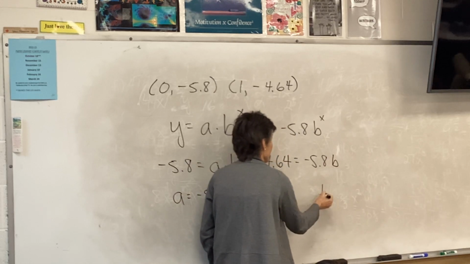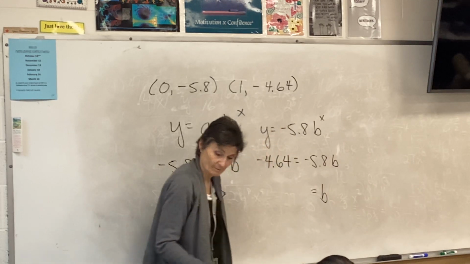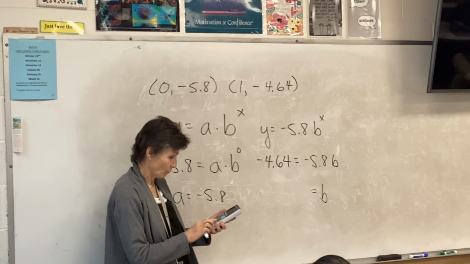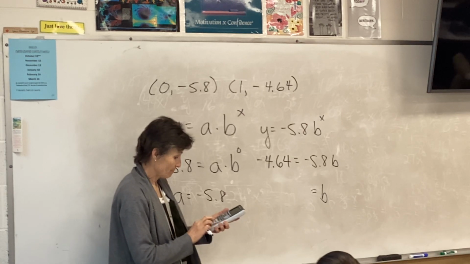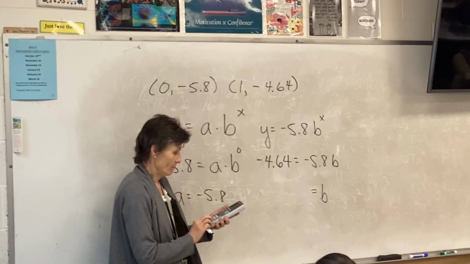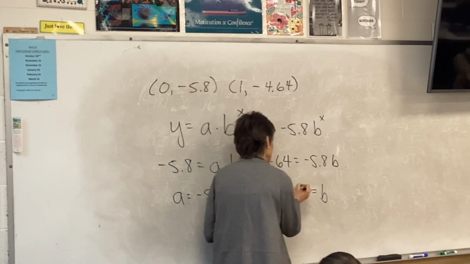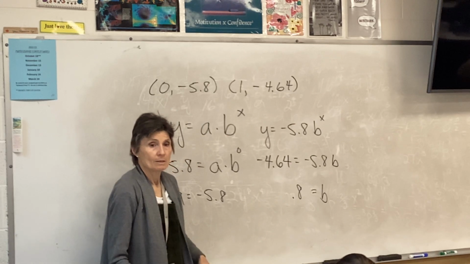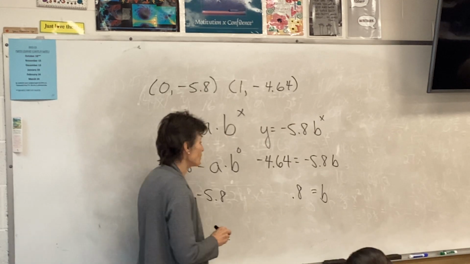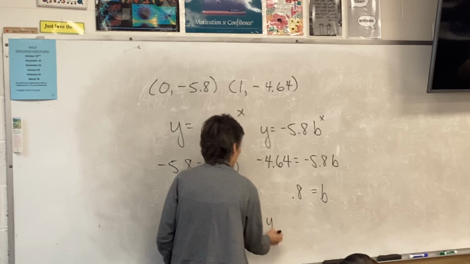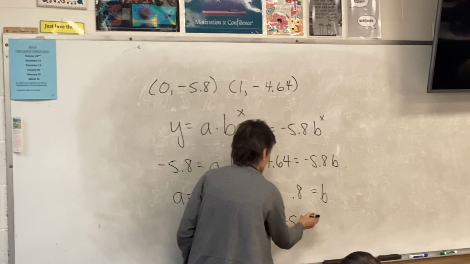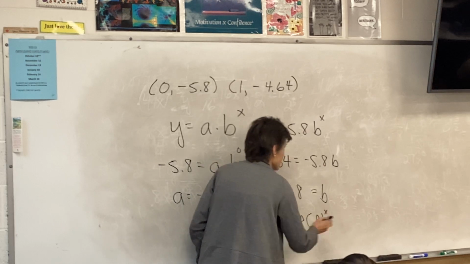How do I figure out what B is then? Divide. So I'll take my 4.64 and divide it by negative 5.8. Did you get 0.8? Yep. So then you're ready to write your answer, which is y equals negative 5.8 times 0.8 to the x.